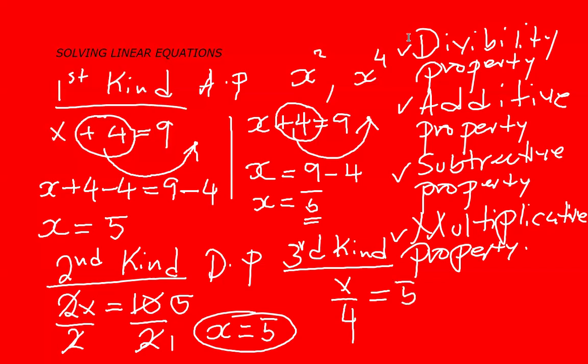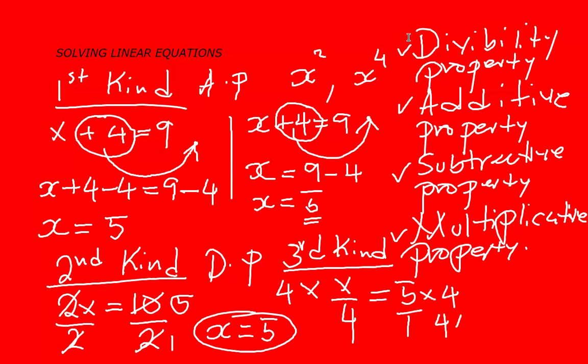Do yourself a favor by putting the 5 over 1 right there. Now, this is what you do. We need again to get x. So there's one thing we could do. We multiply by 4 on both sides, by 4 on that side and by 4 on that side.